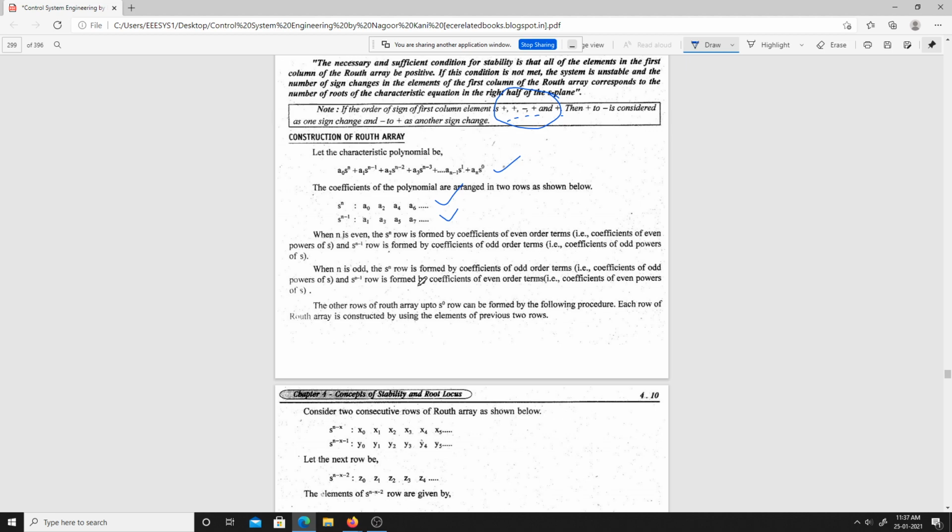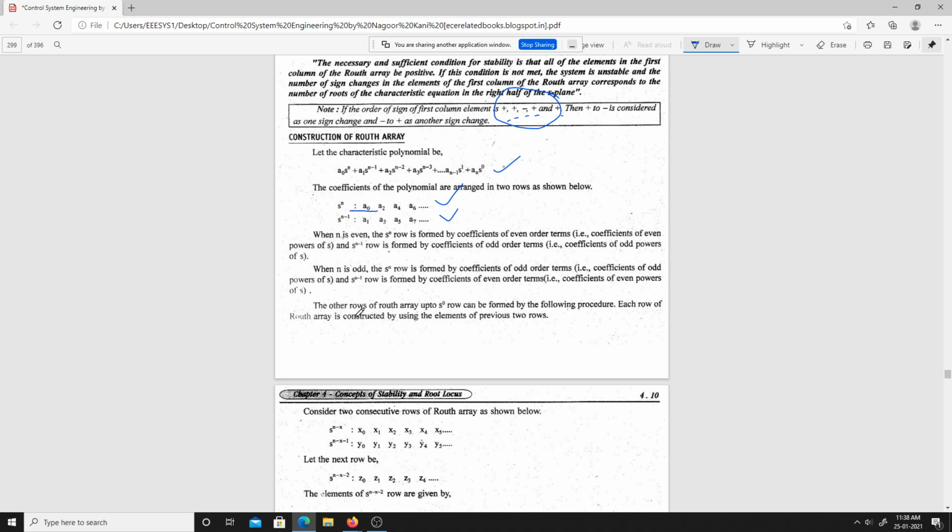Now when n is odd, the s to the power n row is formed by coefficients of odd order terms, and the s to the power n minus 1 row is formed by coefficients of even order terms. Is it clear? I hope you got a clear idea about this.